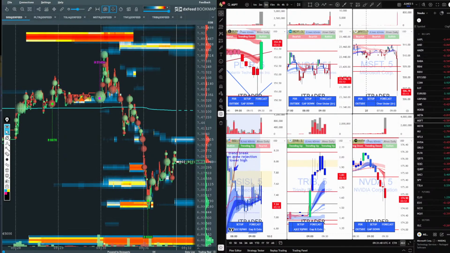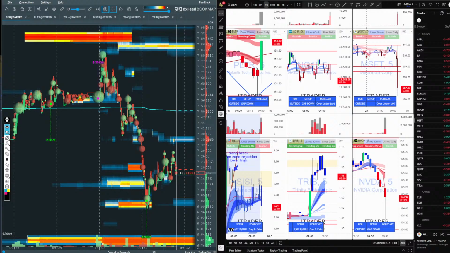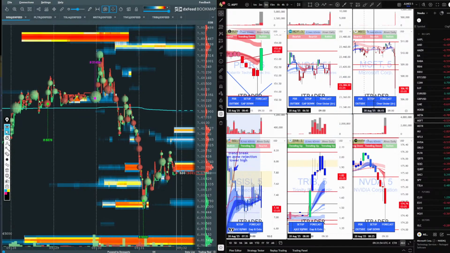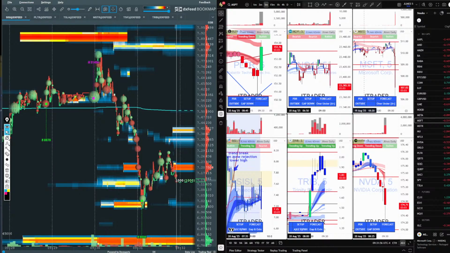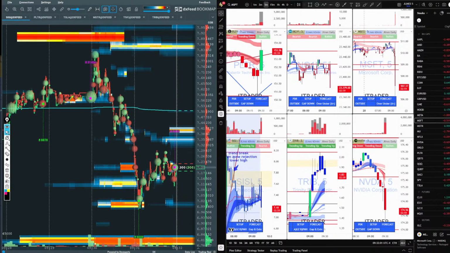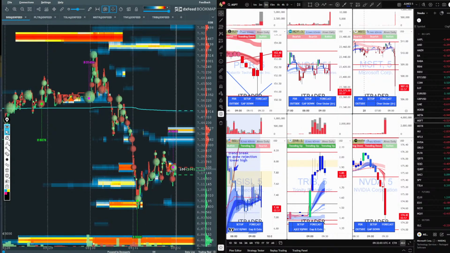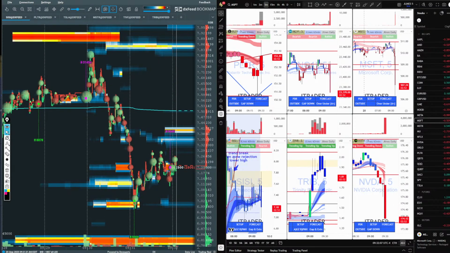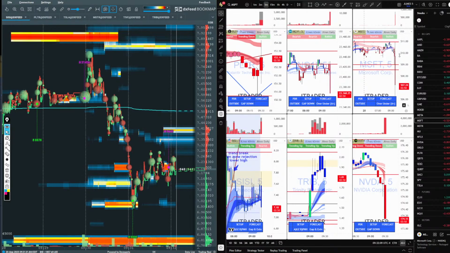Tesla is bouncing and QBTS is bouncing and HUD is bouncing. They are all under. NVIDIA, good, beautiful. NQ, good, beautiful.